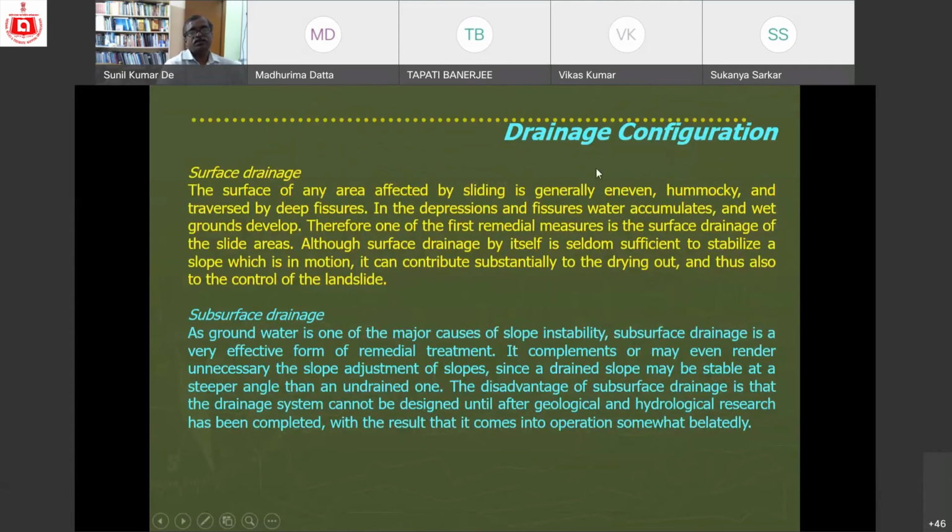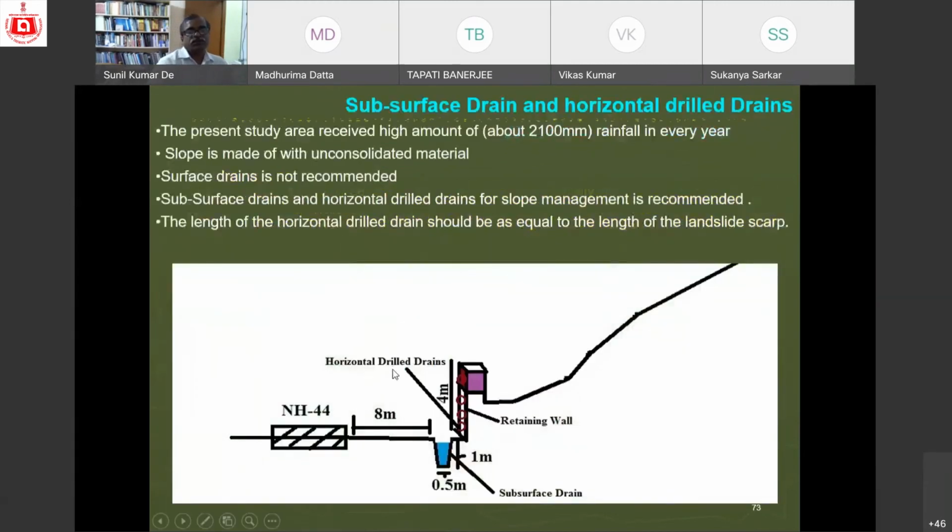Usually drainage configuration means we need to calculate both surface drainage and subsurface drainage to reduce the fatality from landslides. Now, if we go to Tripura, slope one will show how we have proposed this drainage. This is the slope. This is the retention wall. It should be at least 4 meters high from the base level.